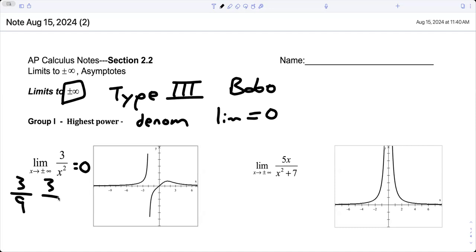Let me plug in 5. That would give me 25. And then let me plug in 10. That would give me 3 over 100. And then let me plug in 10,000. That's going to give me 3 over 10,000 squared. What's that, 100,000,000? Am I doing my math right? Somebody help me.